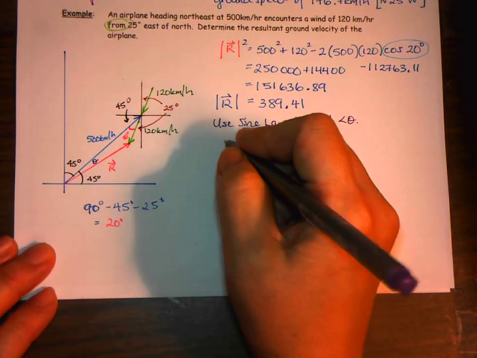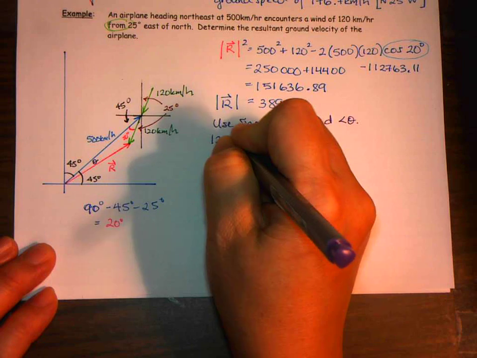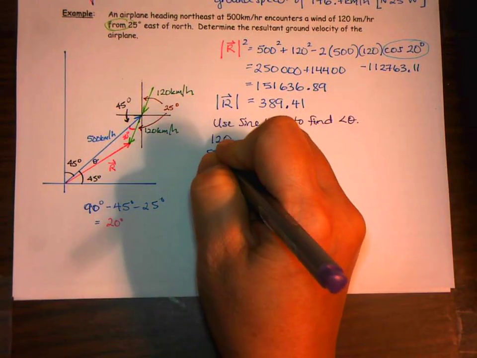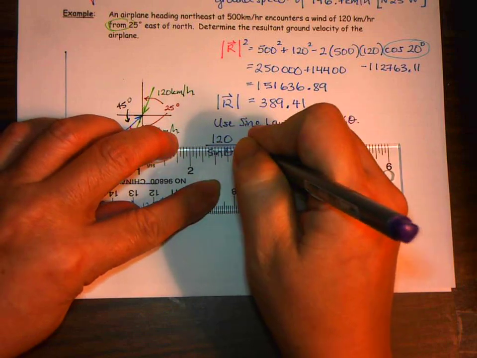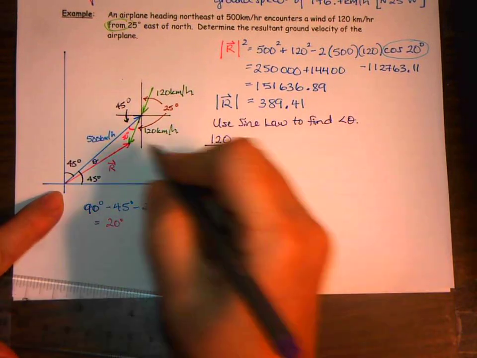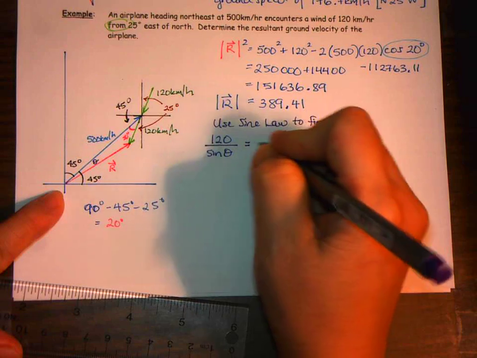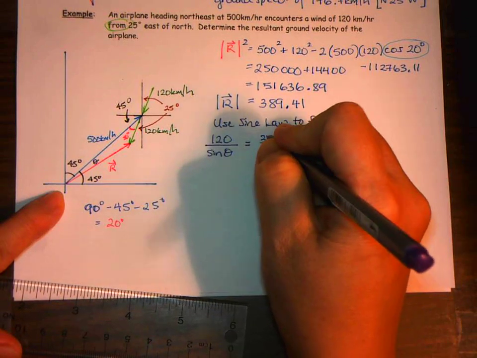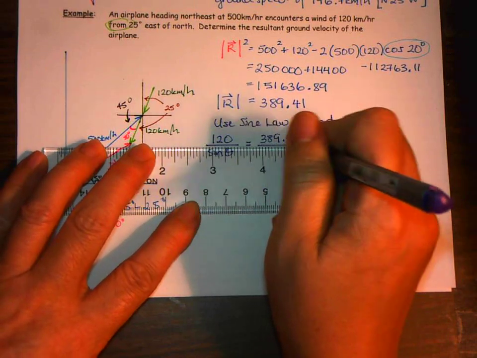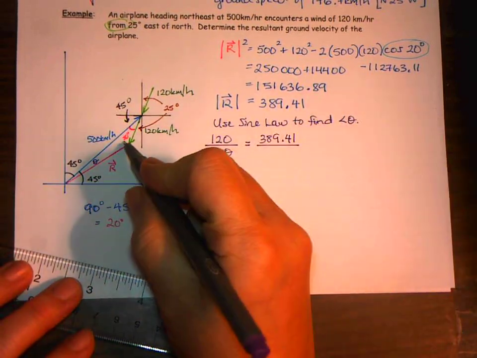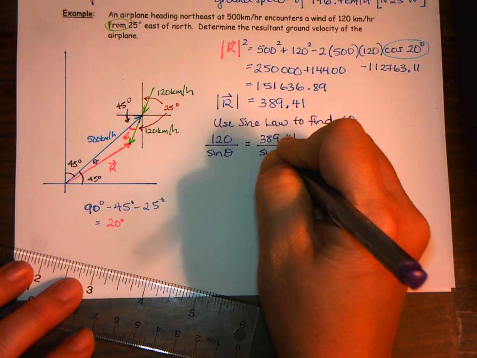So 120 over the sine of theta is equal to 389.41 over the sine of 20 degrees.